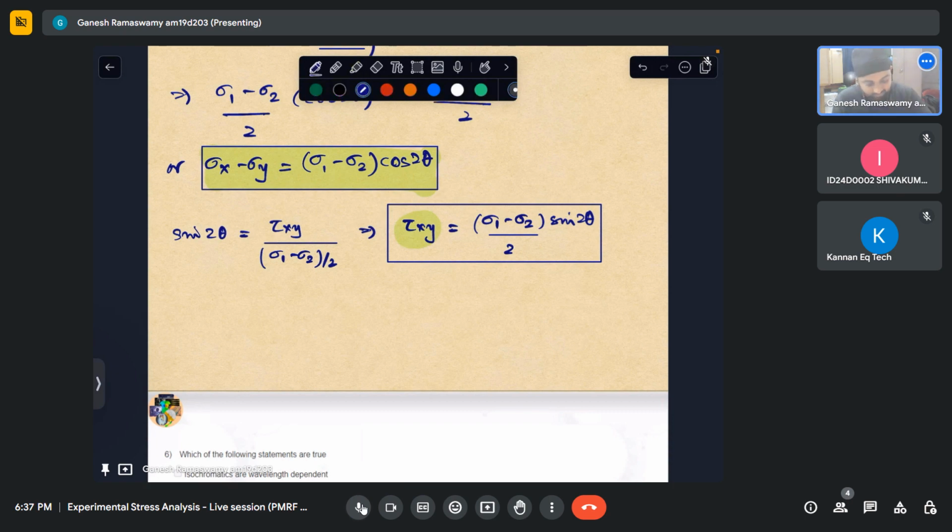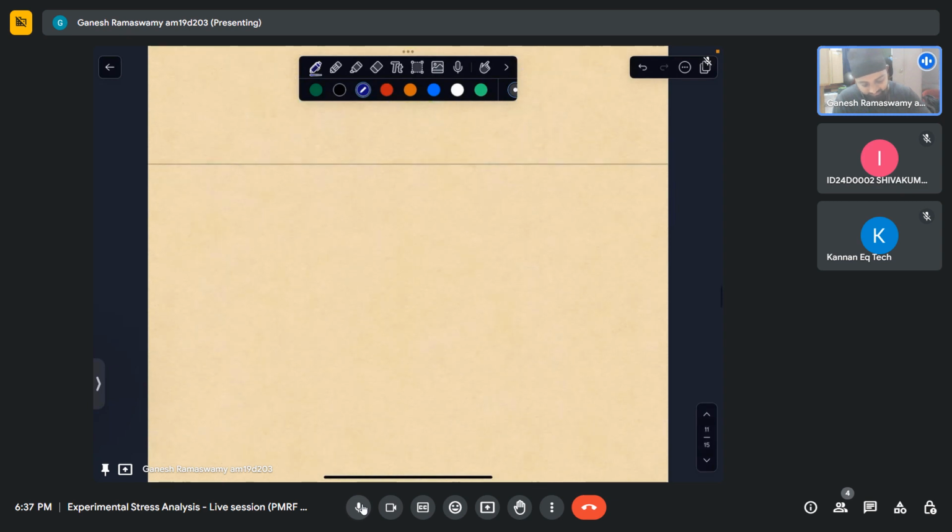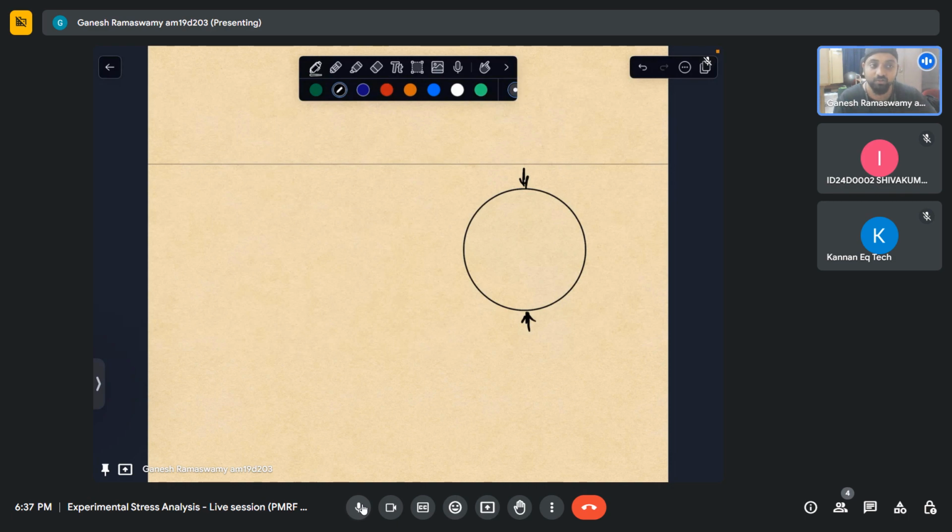In the cases where we were to measure, this is out of the scope of this question, but I'm just explaining this. Let us say that we have the disk and we loaded it and we were to measure the out of plane strain.